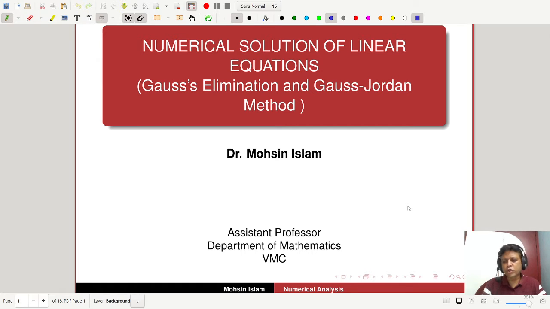So numerical solving of a set of linear equations is the most frequently used numerical procedure when real world situations are modeled. You know that numerical analysis, especially numerical modeling, is a very important topic in applied mathematics.